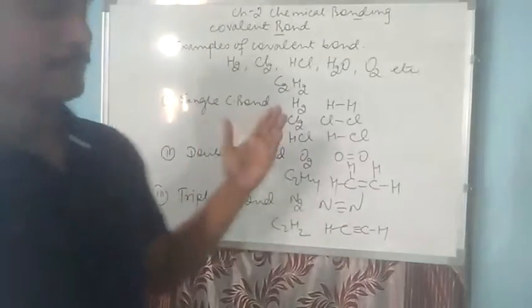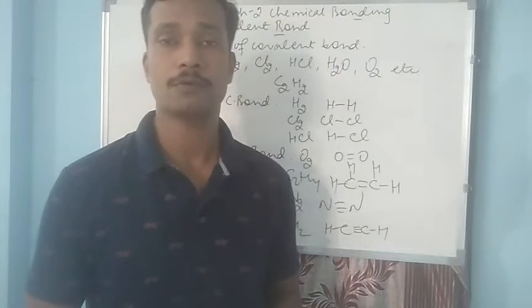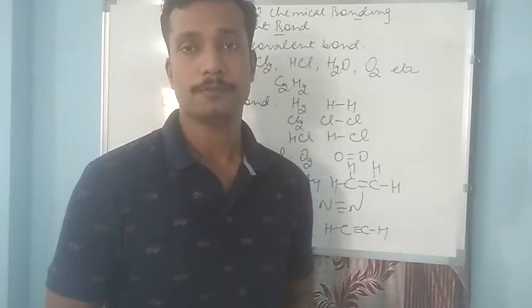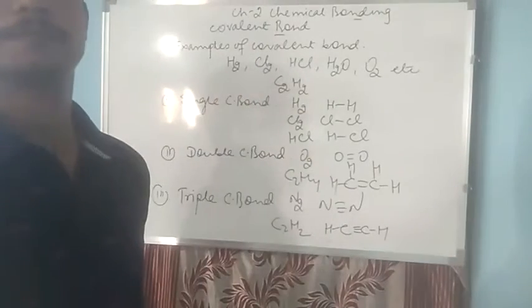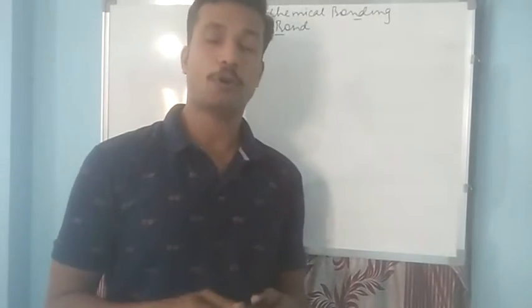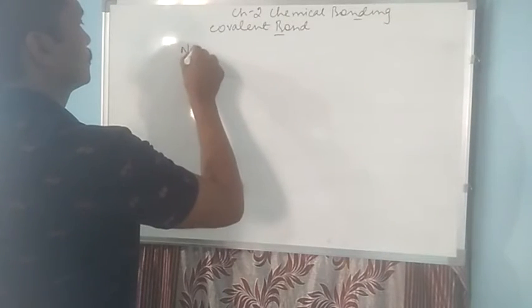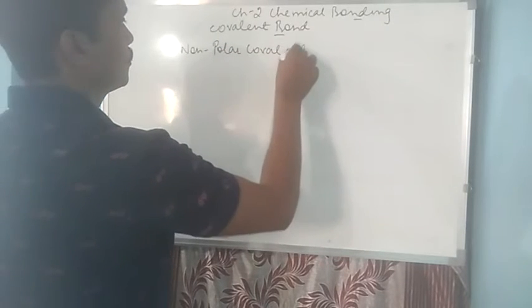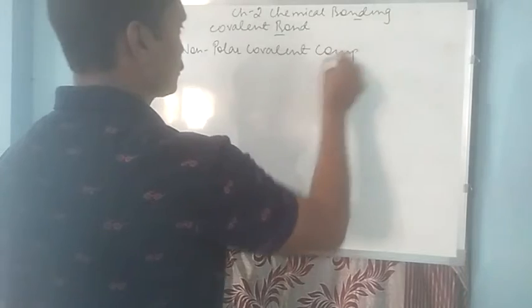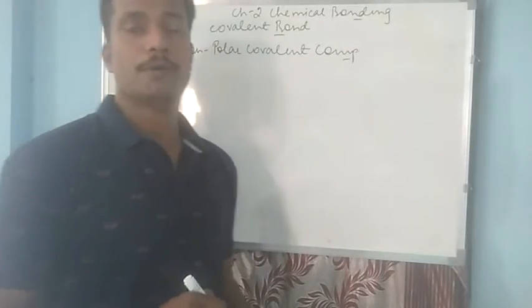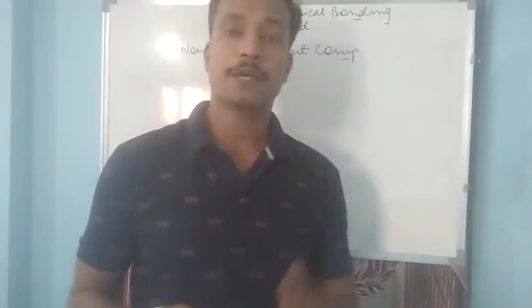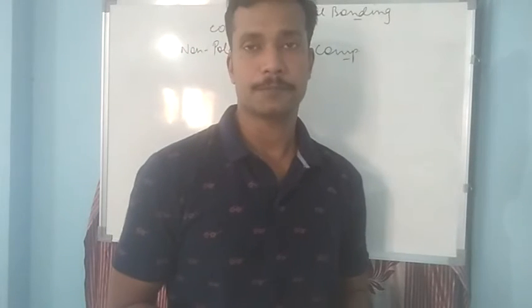Let us now see on the basis of the nature of compounds. We have two types of covalent compounds, polar and non-polar. Coming to non-polar covalent compound first. So these are the compounds where the shared pair of electrons are equally distributed between the two combining atoms.